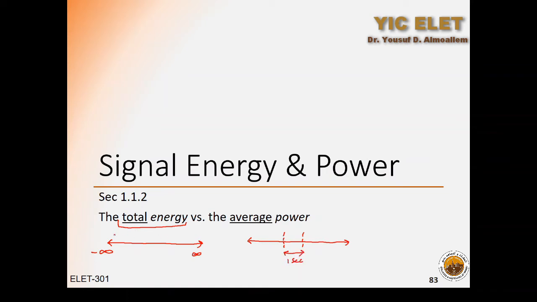If I want to consider the energy of the signal over the spectrum from minus infinity all the way to infinity, we call it total energy. And if we're considering it as an average over a unit of time, so the energy stored in this part over a unit of time, it's called average power.